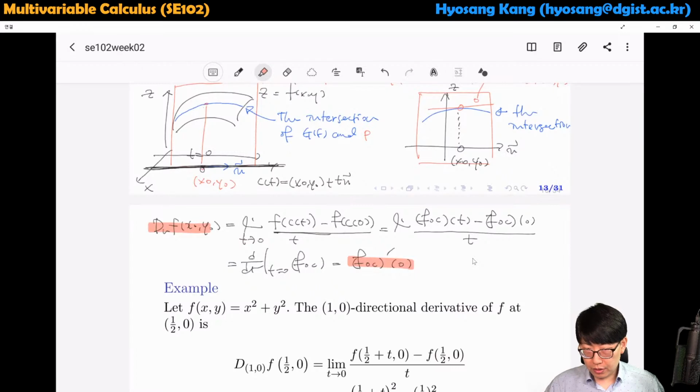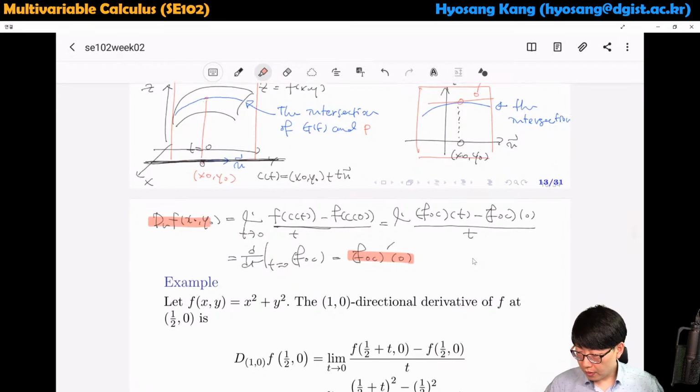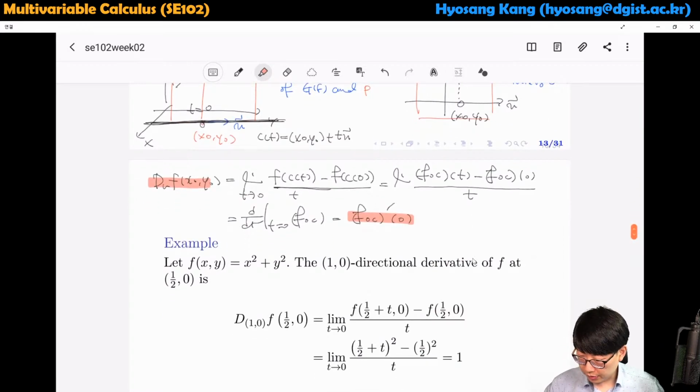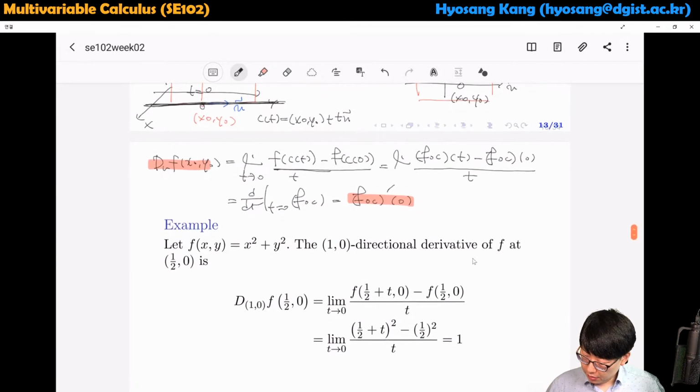If you have any question, please stop me anytime, or I'll give you an example. Let's say we have f(x,y) equals x squared plus y squared, and we want to find the (1,0) directional derivative of f at this special point. The (1,0) direction is obviously a unit vector, and it's pointing in the x direction.